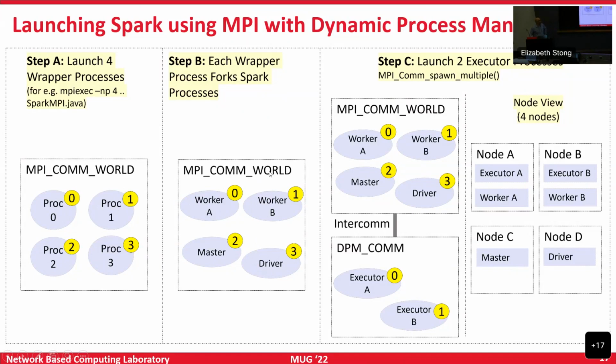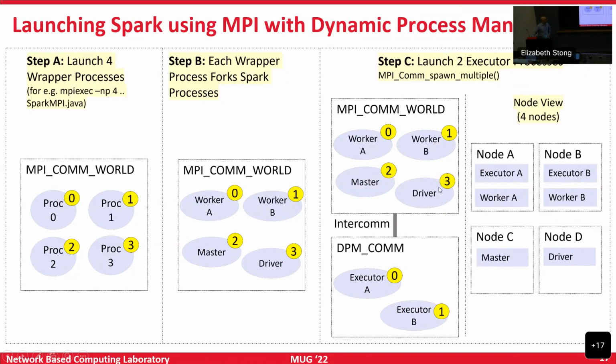But at this point, all of these processes belong to the MPI COM world, and we need to start the executor processes. We utilize DPM for that, in particular MPI COM spawn multiple. What's going to happen now is that the worker A and worker B processes will launch 2 new processes. That's exactly what has happened here.